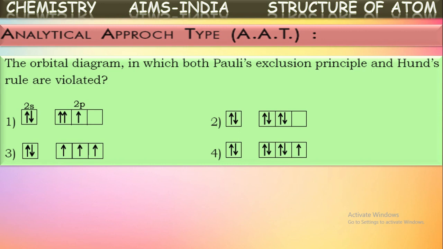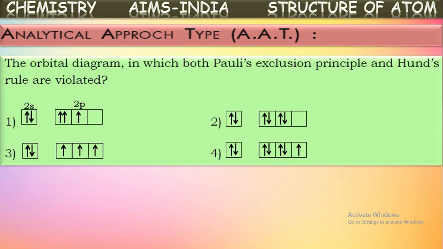To understand this, there should be a maximum of two electrons in any orbital, and those two electrons should have opposite spins, one clockwise and the other anti-clockwise. Okay, that is about Pauli's principle.